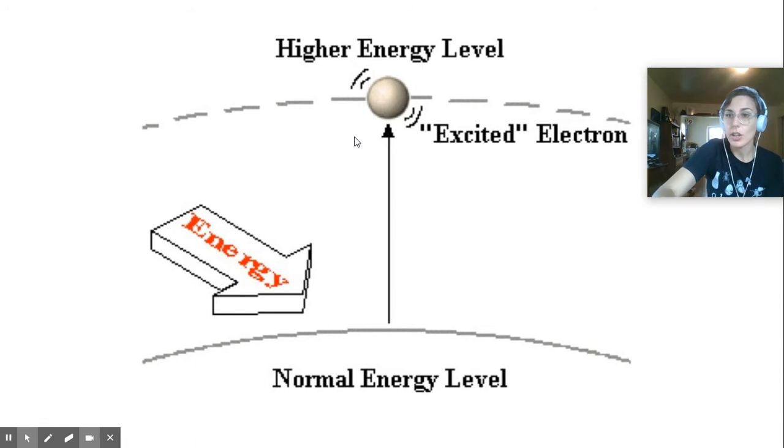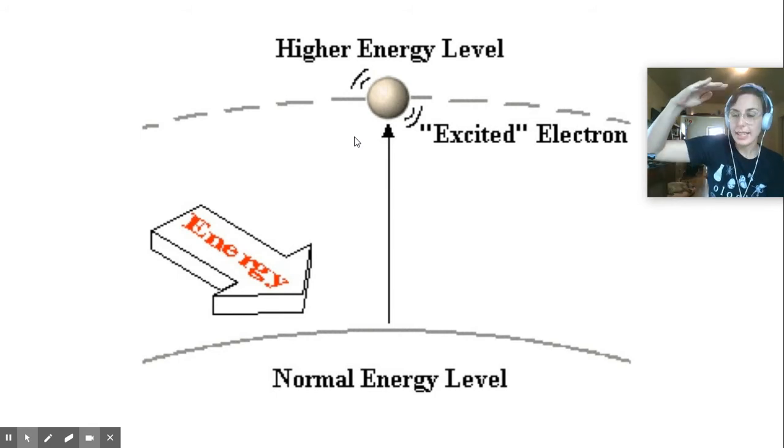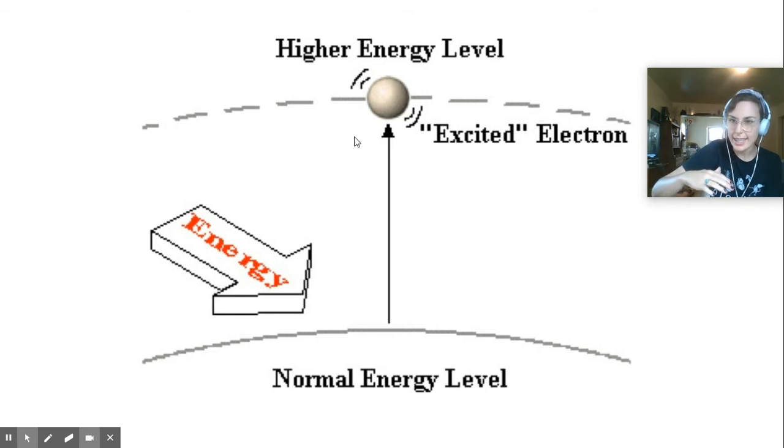Okay, those photons are hitting the electrons that are orbiting around, and when that photon excites the electron, gives it energy, it jumps from one energy level up to the next one. Okay, then its potential energy is much higher, so it's going to come back down to a normal energy level, and when it does, it releases heat. And that's why when you put your hand on the car, it's hot. Okay.